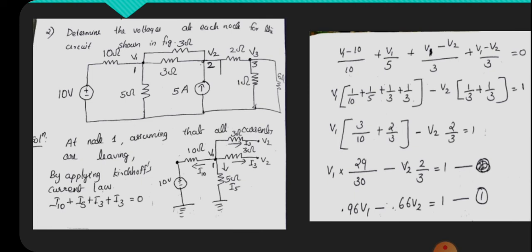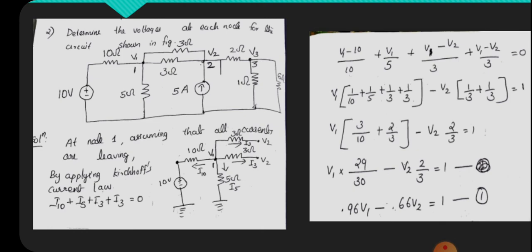Next, first of all, what is the step? In the question itself, V1, V2, V3 are marked. There will be 4 nodes. One node is the reference node, and the other nodes are V1, V2, V3, which are assigned potentials, and you are asked to find V1, V2, and V3. First, at node 1, assume that all the currents are leaving.